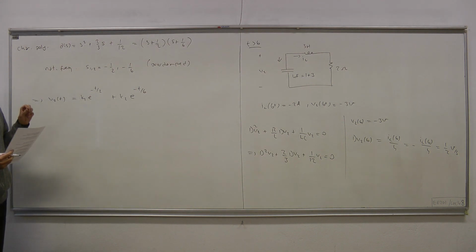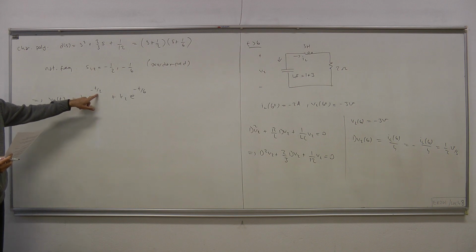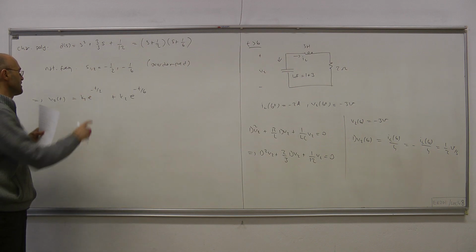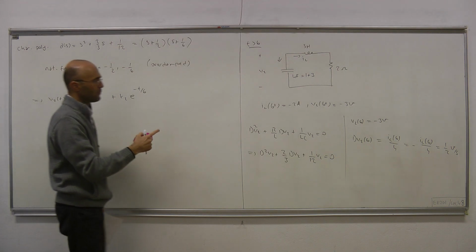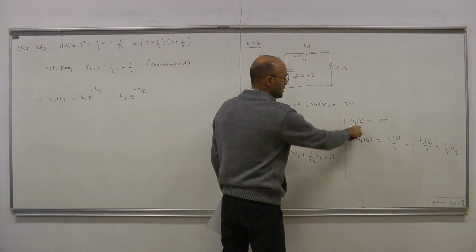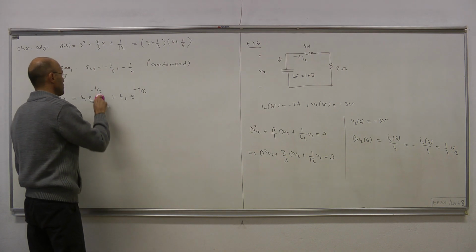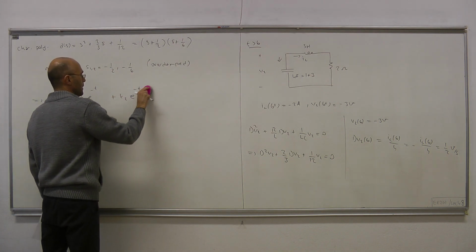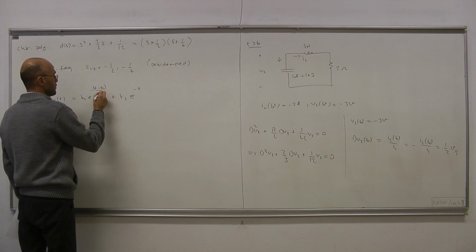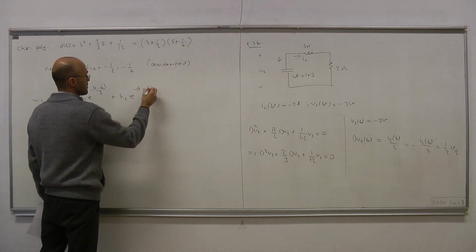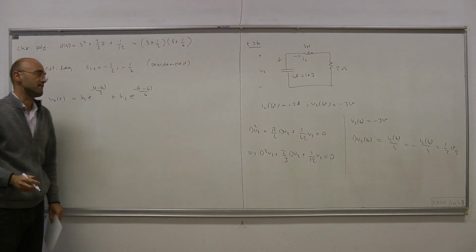Now for ease in our computations, this K1 and K2 will be K1 tilde and K2 tilde, because now we're talking about the initial condition, t equals 6. It's easier to work with if you write t minus 6 over 2 and t minus 6 over 6 here.